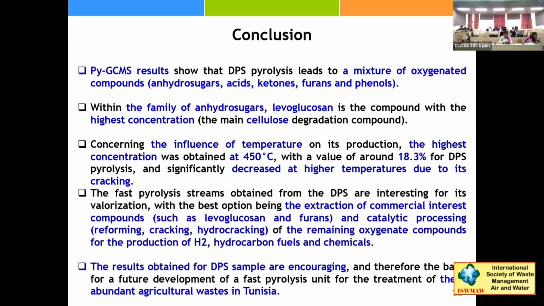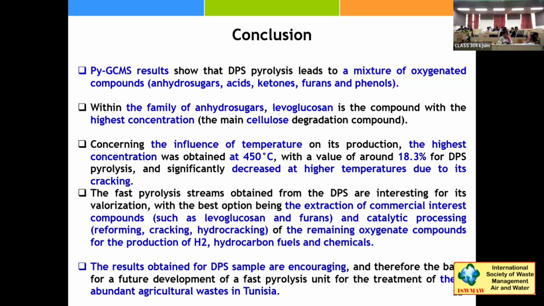It's the main cellulose degradation compound. Concerning the influence of temperature on its production, the highest concentration was obtained at 450 degrees with a value of around 18% for date palm seed pyrolysis, and significantly decreased at higher temperatures due to its cracking.